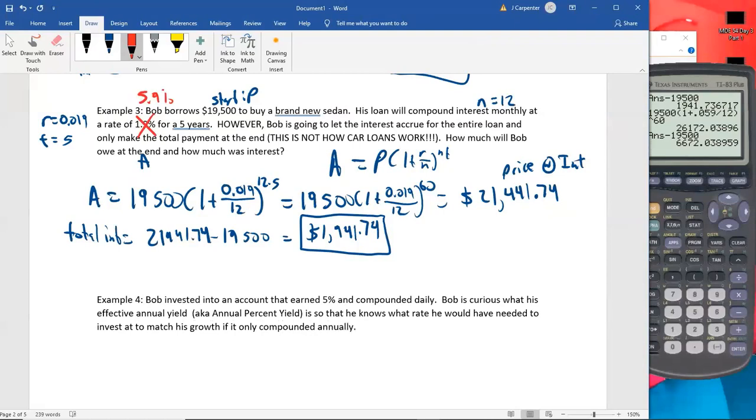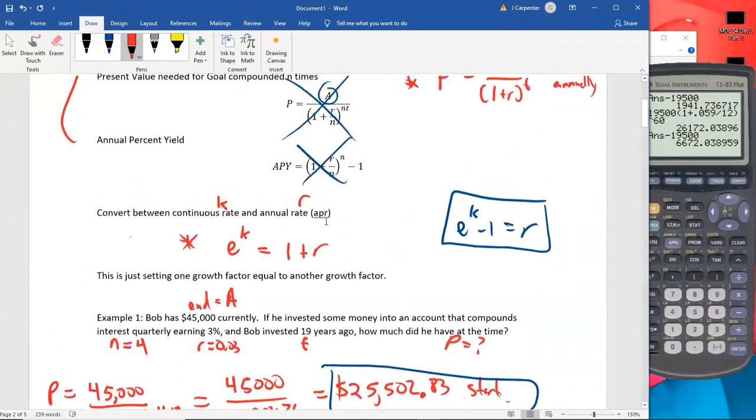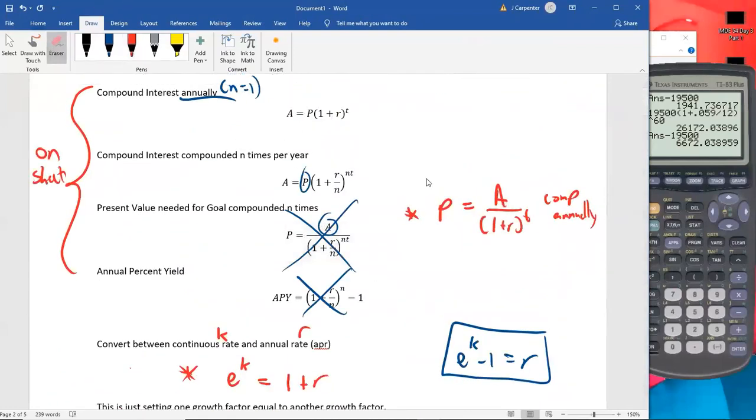Again, I'm being very literal with the phrasing of this stuff. I could have told you that Bob invested $50,000. It would have been completely unnecessary. I could have told you that Bob invested $50,000 for 40 years. Both of those numbers would have been completely unnecessary because I didn't ask for his ending value. I didn't ask for an interest. I asked for what his APY is, which the APY formula is only dependent on the rate and the number of times it compounds per year.